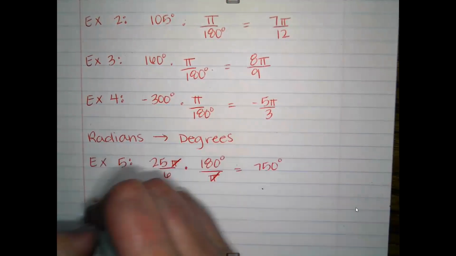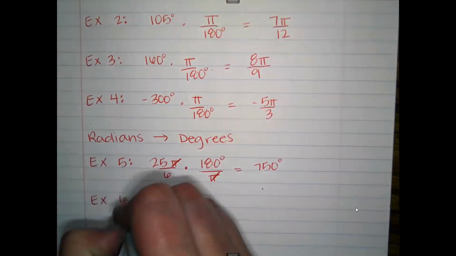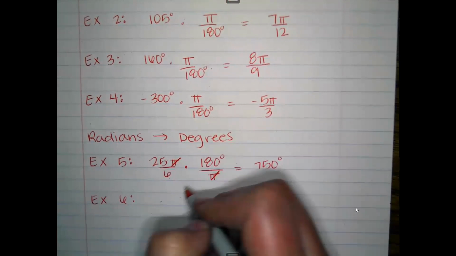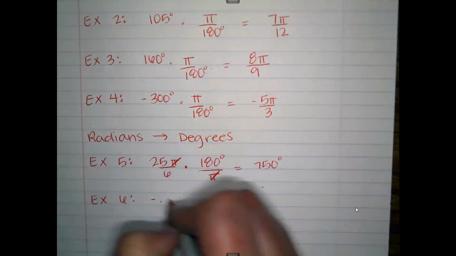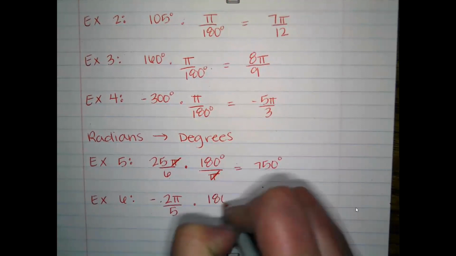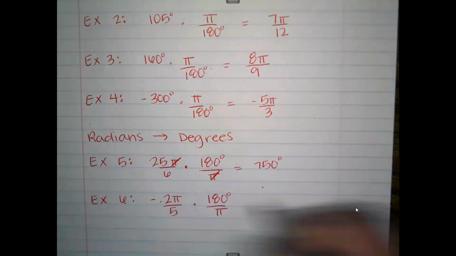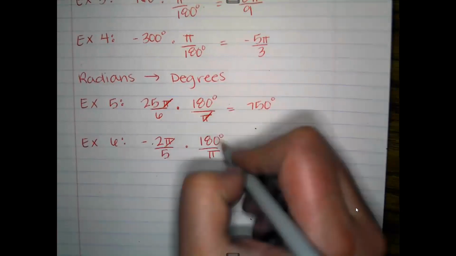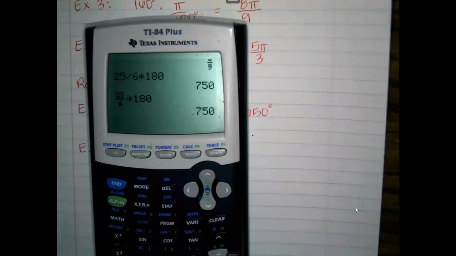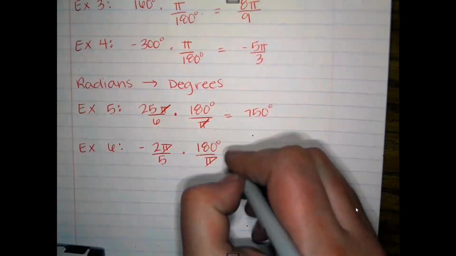All right, let's try another one. Let's say I had -2 pi fifths, and then I would multiply that by 180 degrees over pi. The pi's would cancel, and I would be typing in -2 fifths times 180, and I get -72 degrees.